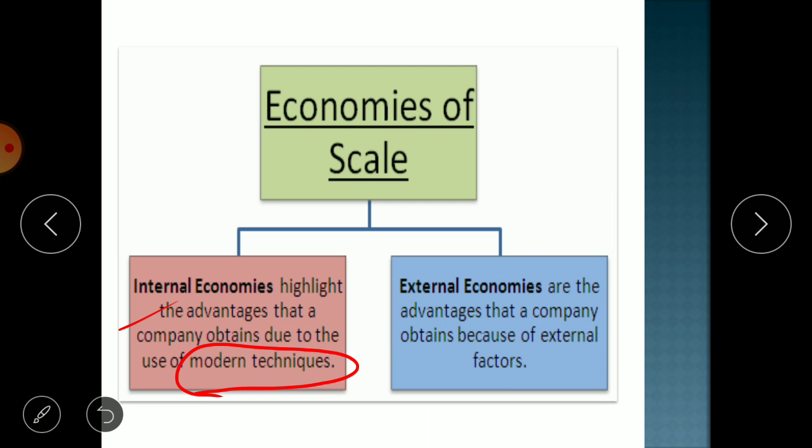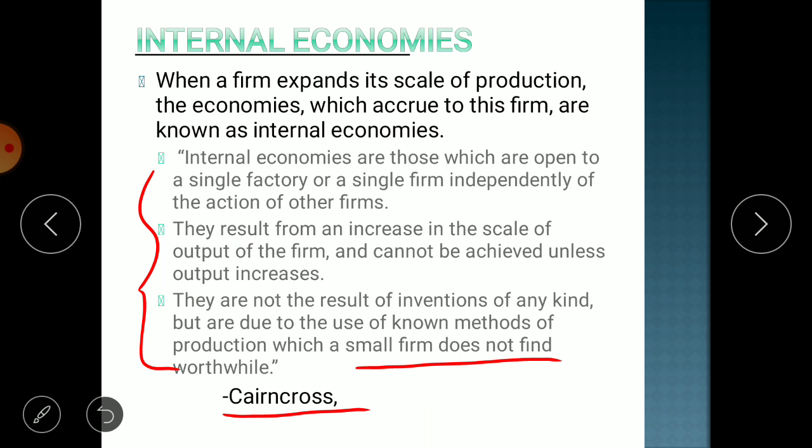Then we have seen that economies of scale are divided into two categories, which are internal economies and external economies. Internal economies are those which are situated within the organization, and external economies are those which are situated outside the organization.